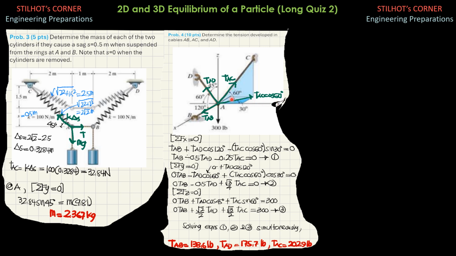The shadow of this cable AC on the xy plane makes an angle of 30 degrees with the y-axis.